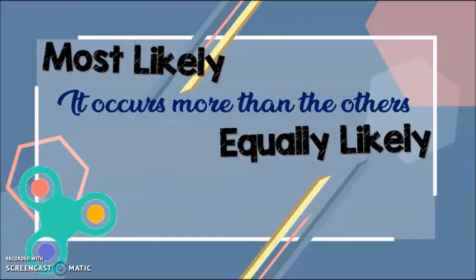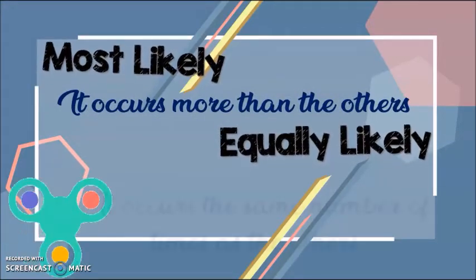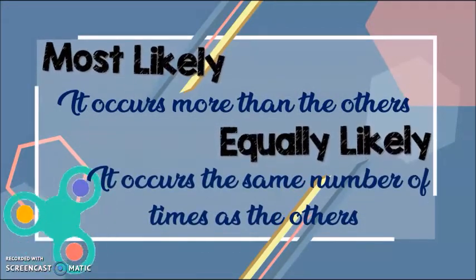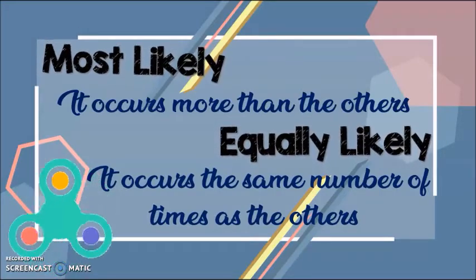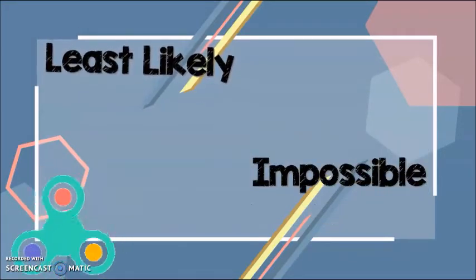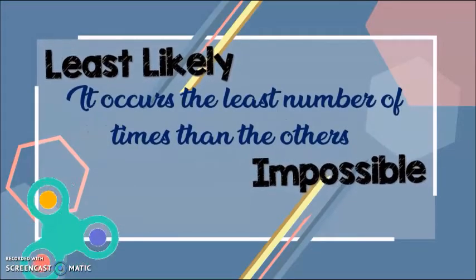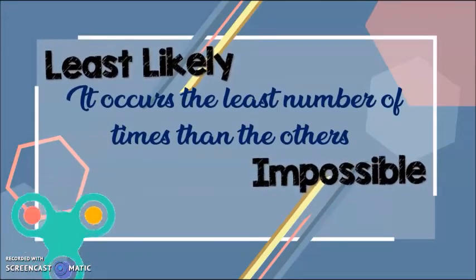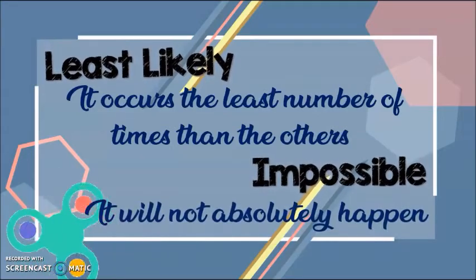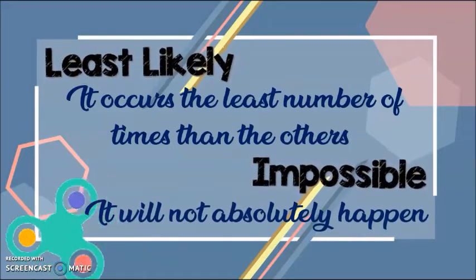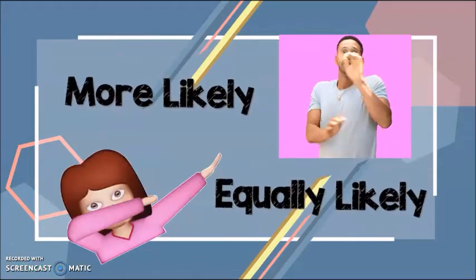Equally likely is when it occurs the same number of times as the others. Least likely is when it occurs the least number of times compared to the others, and it is impossible if it will absolutely not happen. Let us try.